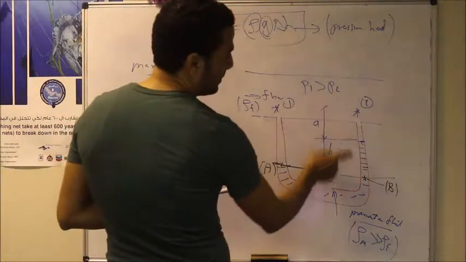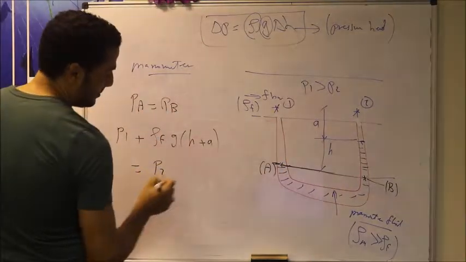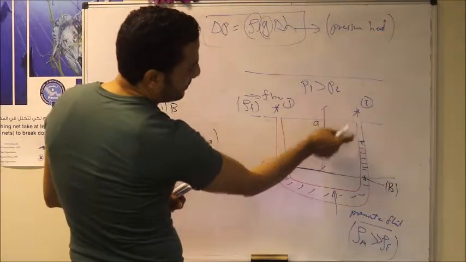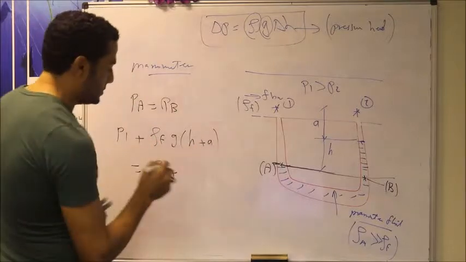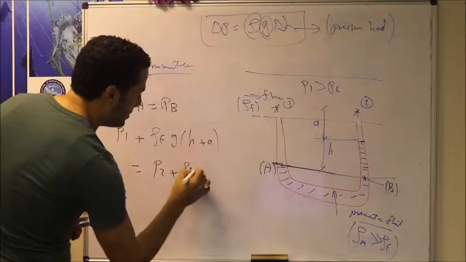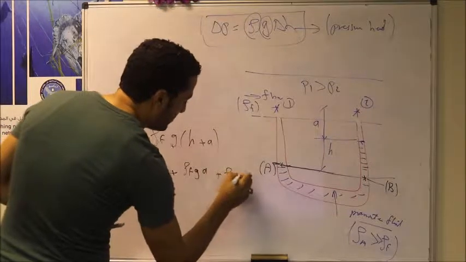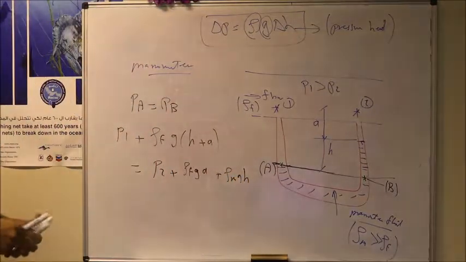The pressure at point B is equal to what? The pressure at the top, which is pressure P2, plus the weight of the fluid. We have the fluid for height a, which is the flowing fluid. So it is equal to rho fluid g multiplied by a, plus the density of the manometer fluid multiplied by g multiplied by h.